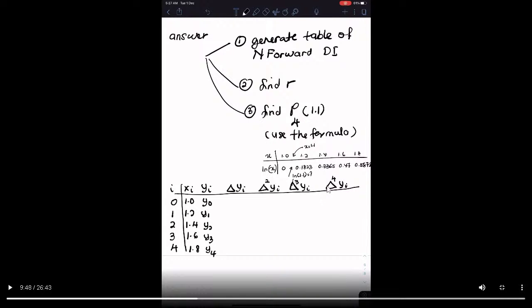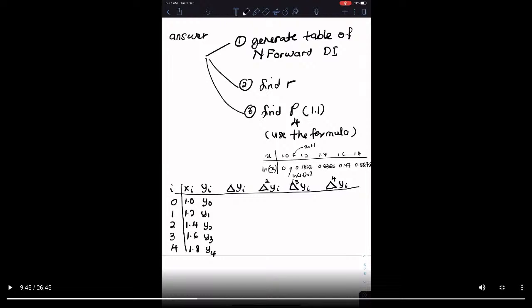This is Newton forward, so the delta should be the forward difference. The opposite of forward difference is backward difference, which we are going to learn after this. The order starts from delta 0, delta 1, delta 2, delta 3, delta 4.